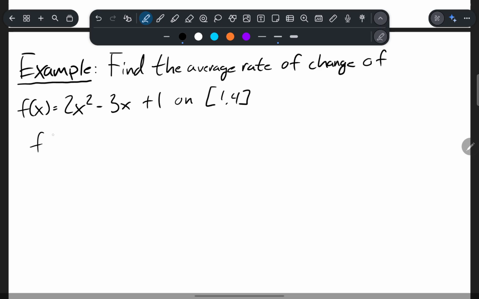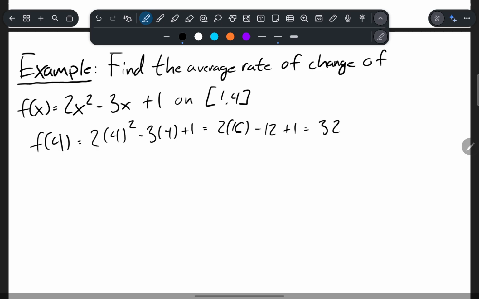So we have f of 4, which is equal to 2 times 4 squared minus 3 times 4 plus 1, and that is 2 times 16 minus 12 plus 1, equals 32 minus 12 plus 1, equals 21.